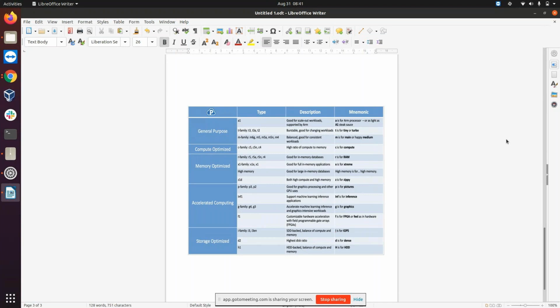General purpose instances usually start with the T family, T3.micro, T2.micro, and the M family also, M6G, M5. So T, M and A are the three families you will usually see.